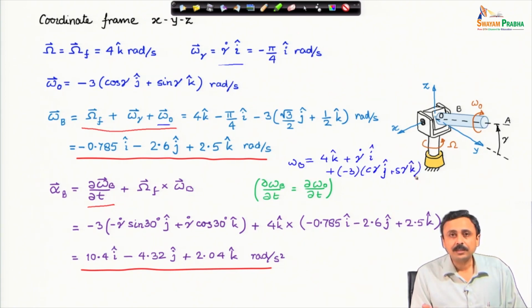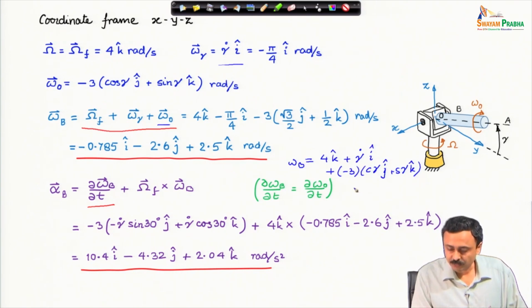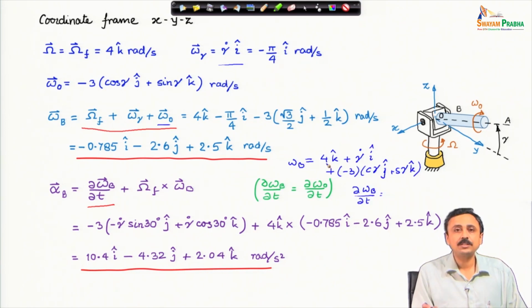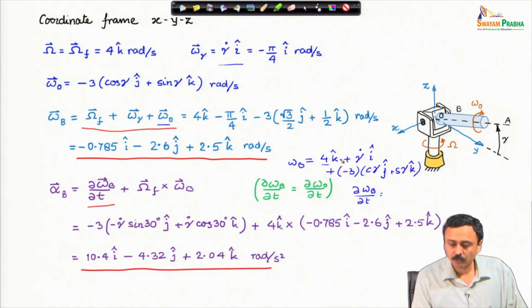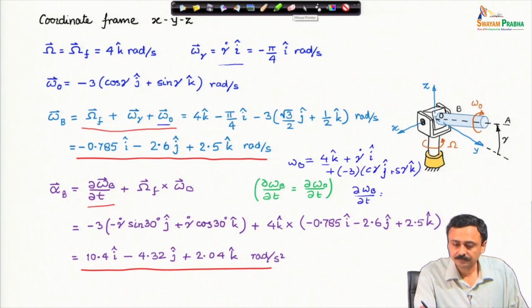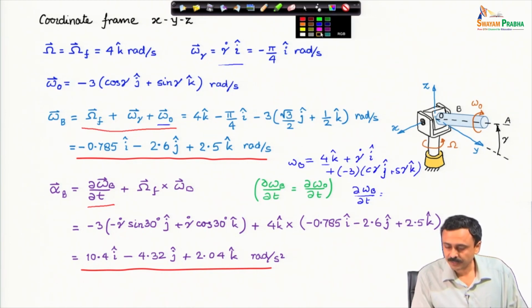When you take the local derivative of this vector, local derivative means which does not differentiate the frame vectors. The first term is a constant, the second is a constant, therefore, its local derivative is 0.